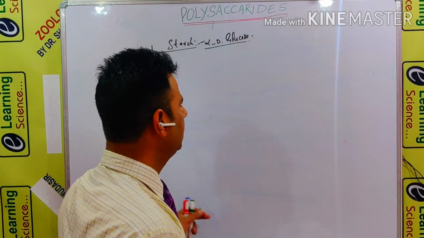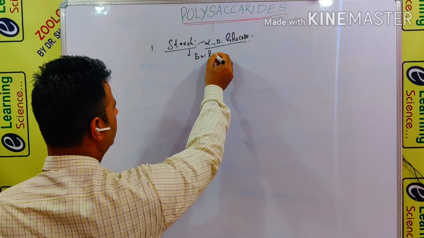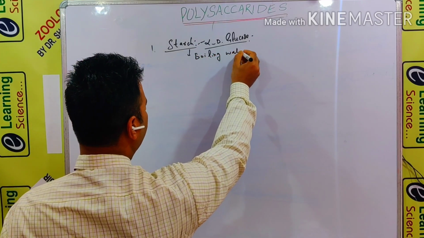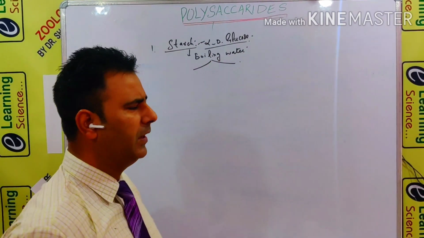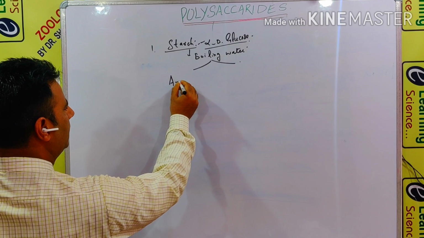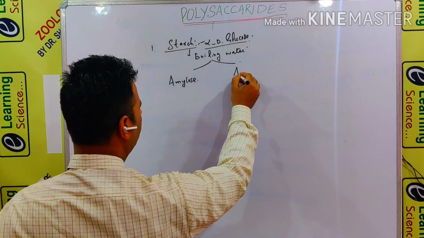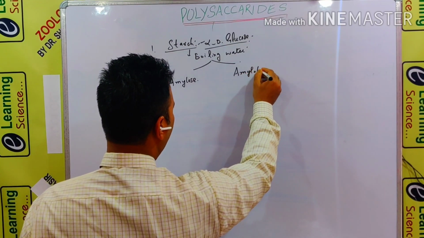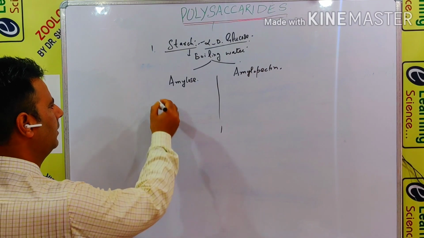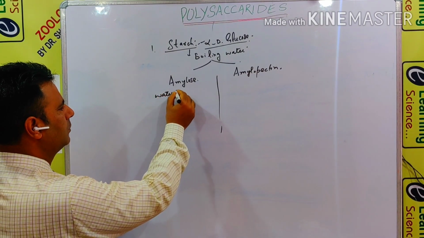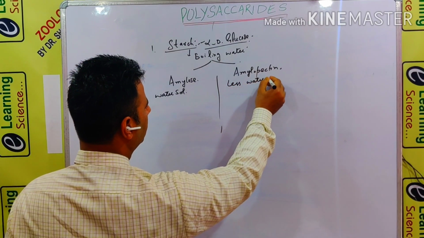If we treat starch with boiling water, it dissociates into two components: amylose and amylopectin. Amylose is water soluble to some extent, and amylopectin is less water soluble, right?